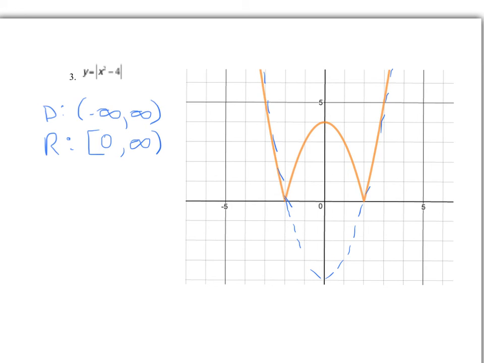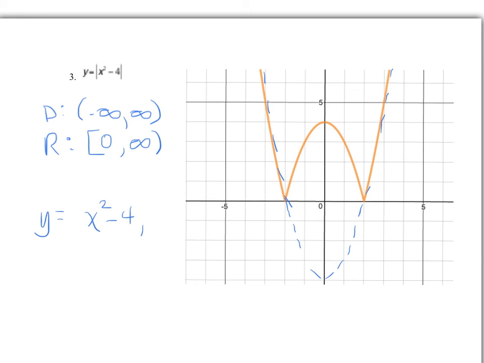So when we do the piecewise function, this will be part of it, this dotted line. And the equation for that would be y equals x squared minus 4. It's a parabola that's moved down 4 units. So y equals x squared minus 4.